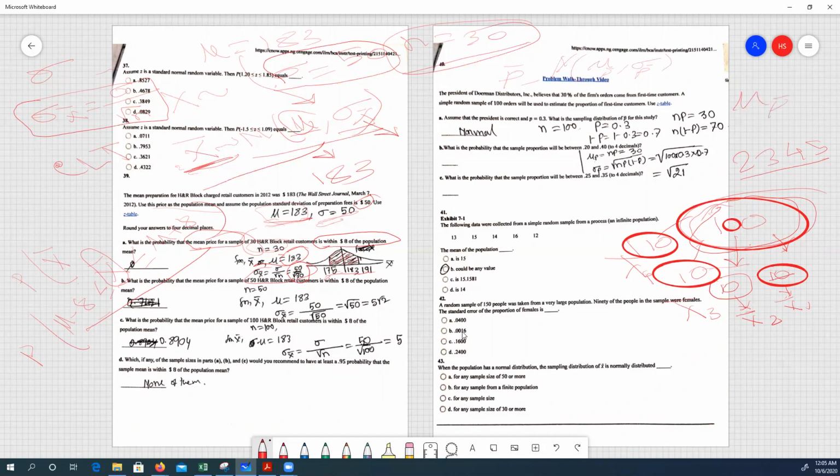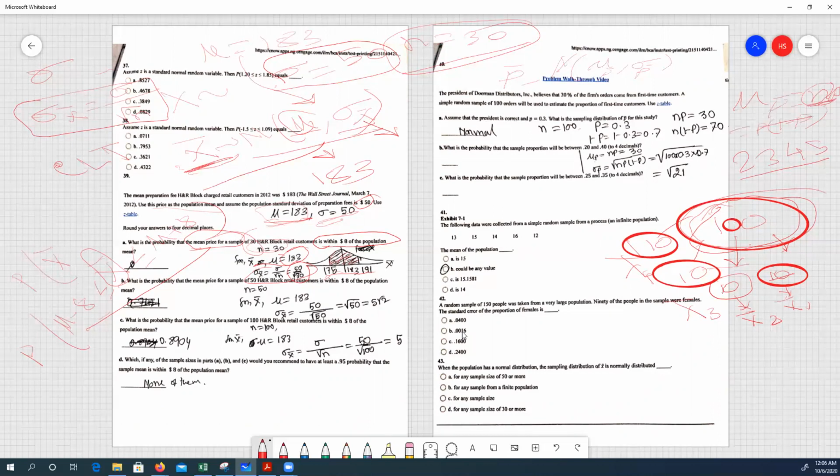The mu p bar will actually be n times p, the sample size times the proportion of success.